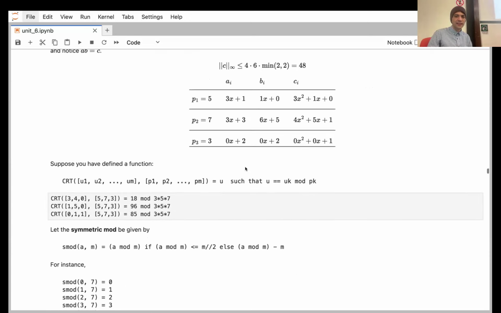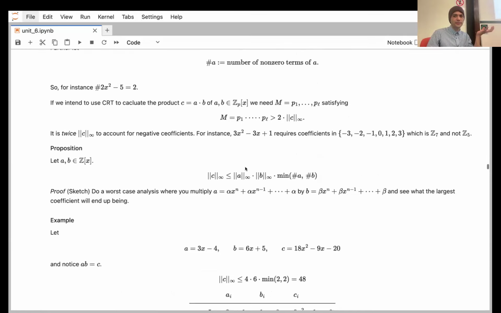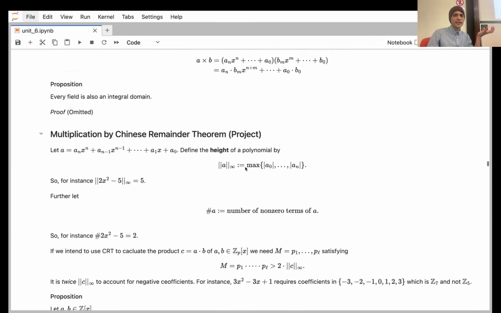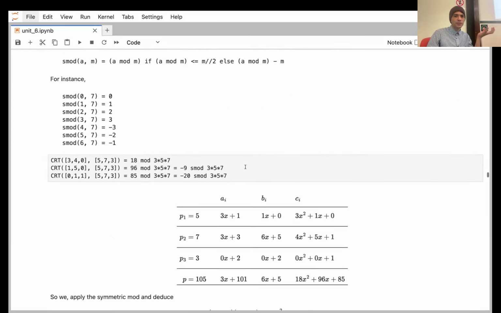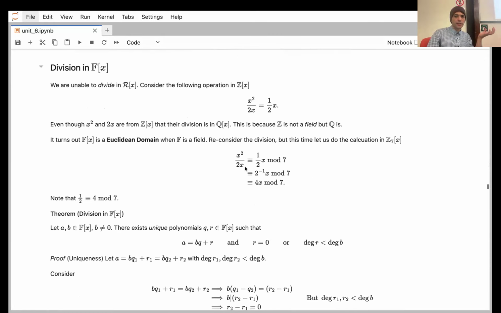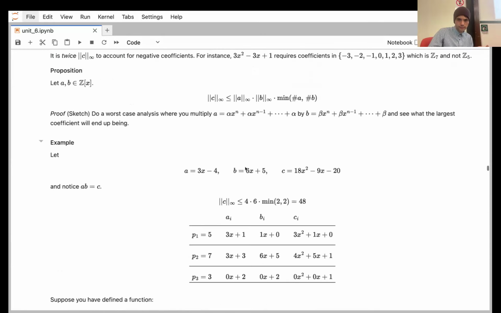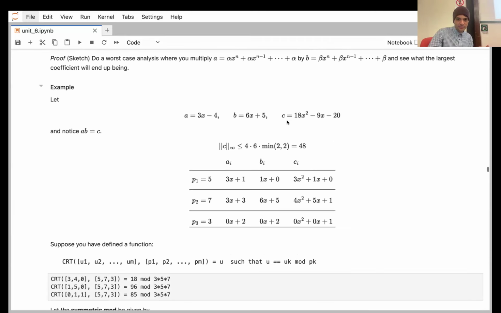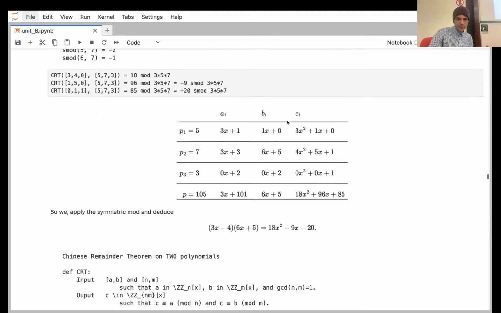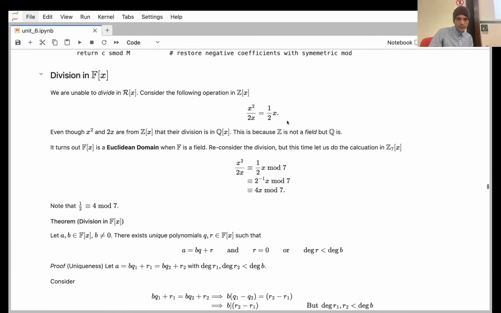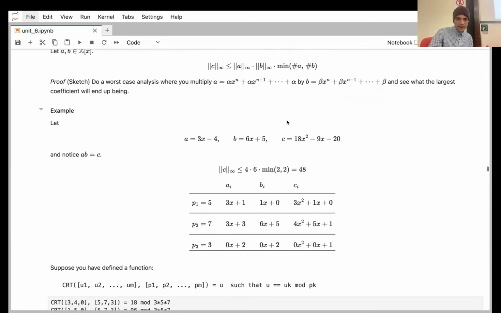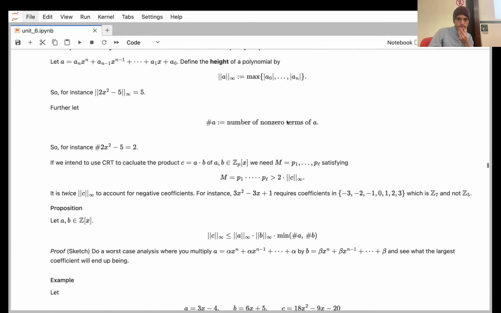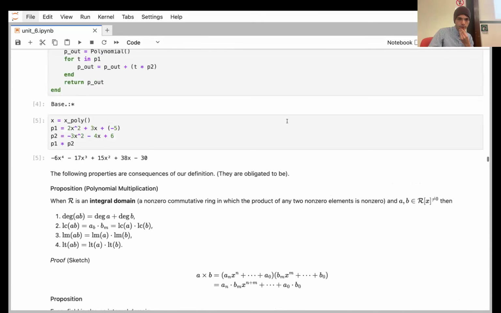And then I felt like, because you asked a question about whether we need to multiply by the number of terms, where was that? Yeah, the hashtag. There is a real example, which now I can't find. Where did it go?